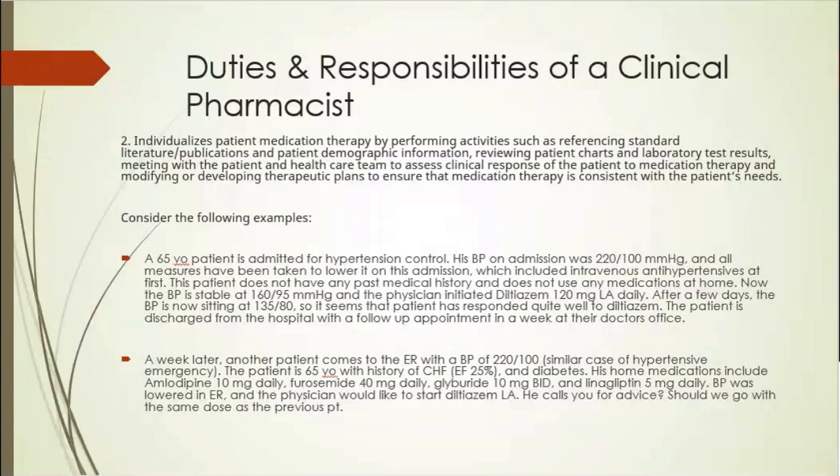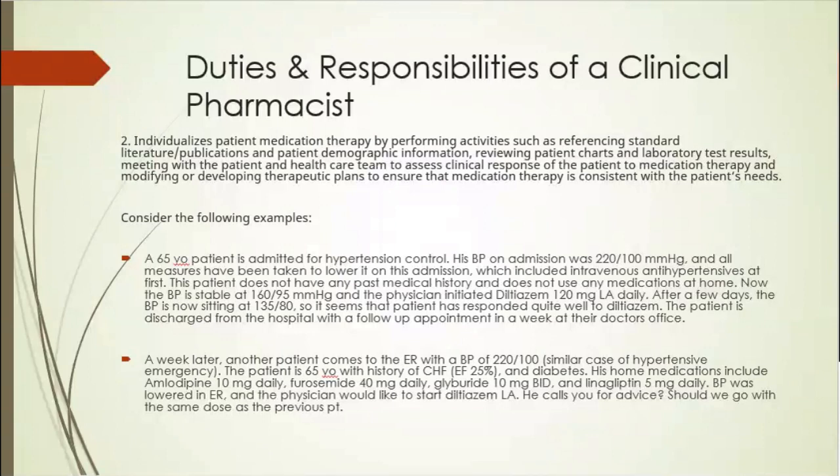This patient does not have any past medical history and does not use any medications at home. So this is pretty much his or her first medical condition that led to admission to the hospital, and they had no medical history before that.